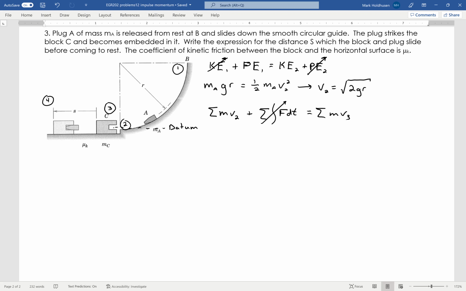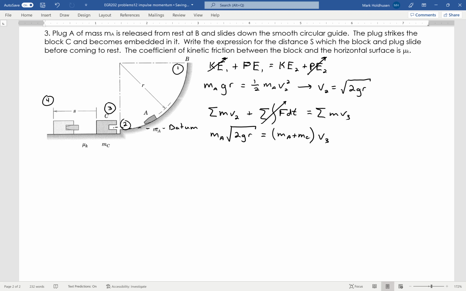Initially, the only momentum is the momentum of the plug, which will be mA times its velocity, which is the square root of 2gr. That's going to equal the final momentum, where the masses are now combined, so it'll be mA plus mC times the final velocity.